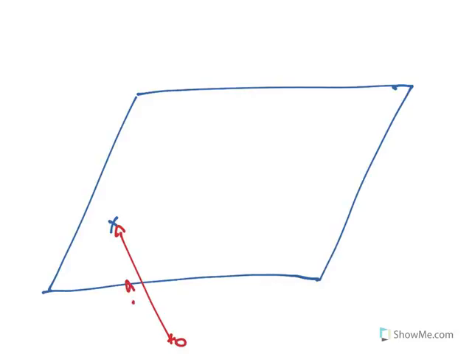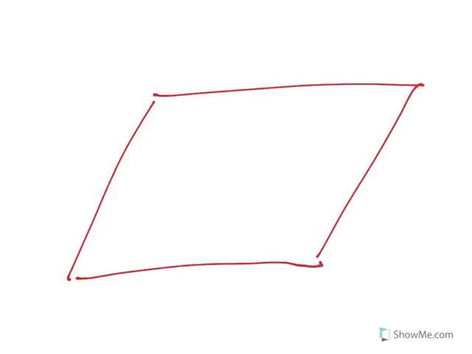Then they say lambda m1 plus mu m2, so there's one more term added. For example, I have this plane and one position vector on the plane. This point could be (1, 2, 3), with reference to the origin. This is the vector (1, 2, 3).